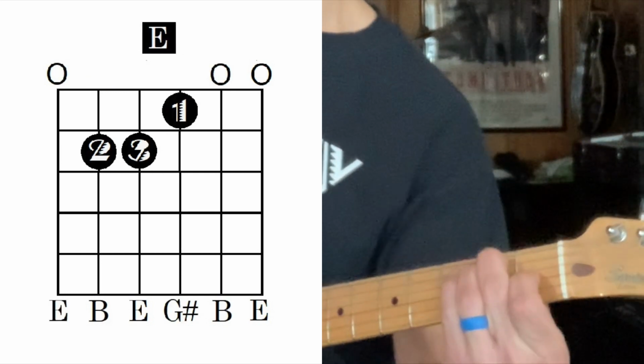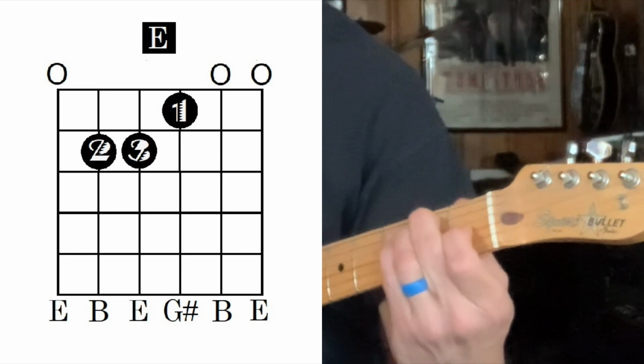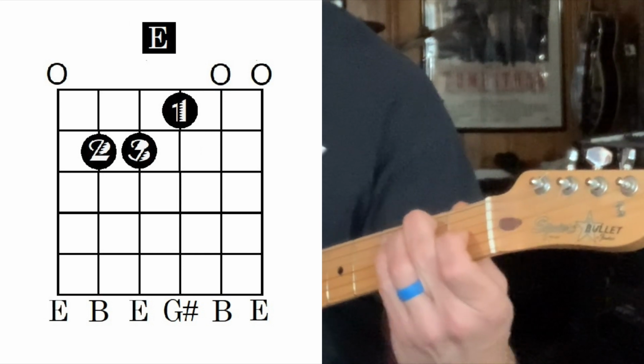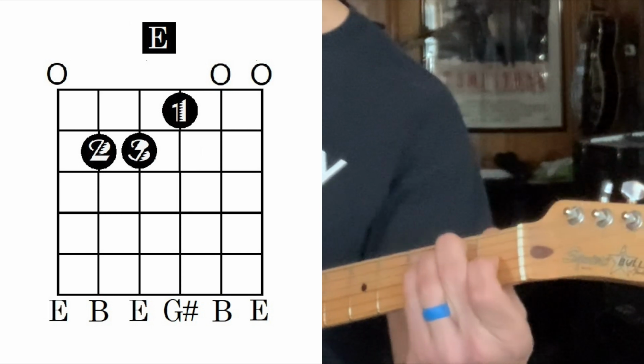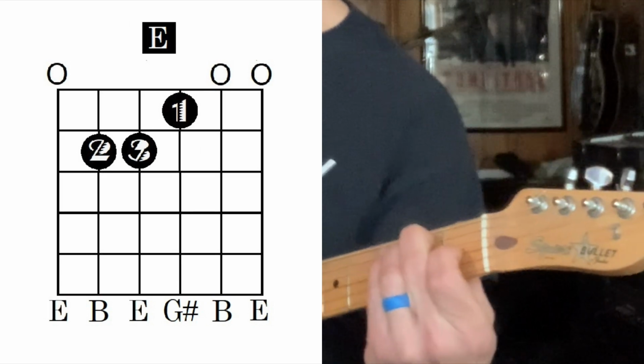You can play every single note in this chord. You're gonna have an E, a B, an E, a G sharp. Remember that guy was out there for us. A B, a B, and an E. This is a good lesson: keep those fingernails nice and short when you're playing these open chords, if you want to make sure that you're not bumping into the string next to you.